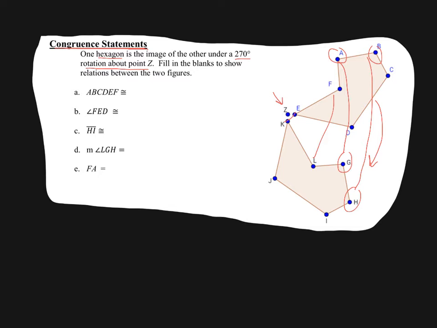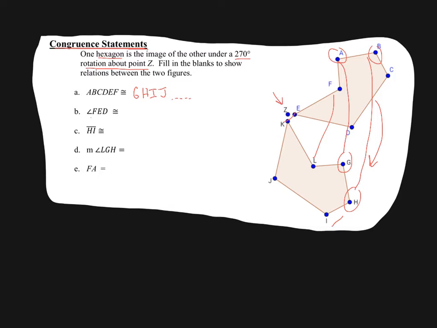Then AB is going to go to GH. And then I can just kind of keep following along over to I, J, and so on and so forth here. And what I'm going to do now is use that to answer the rest of the questions.